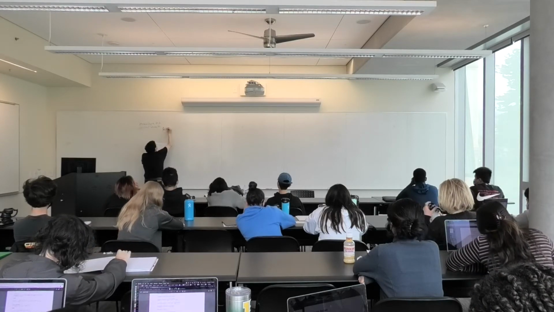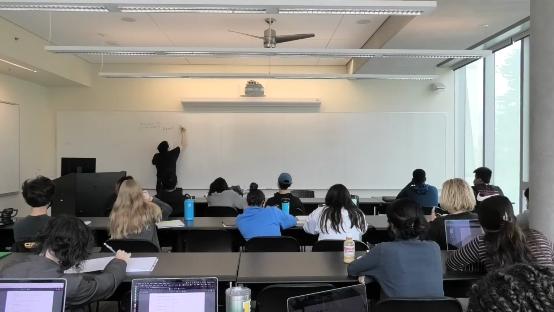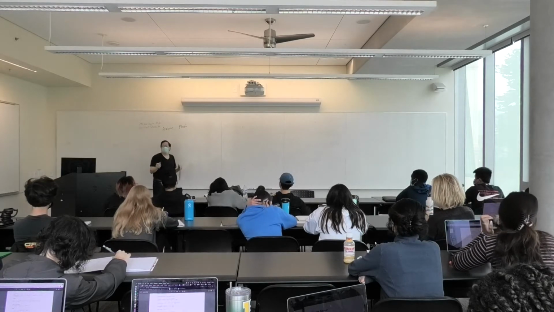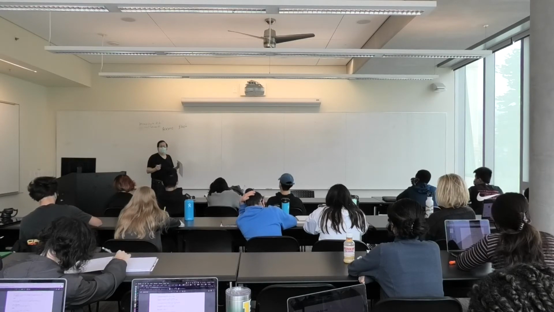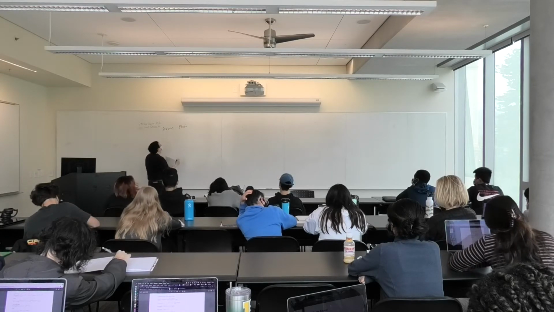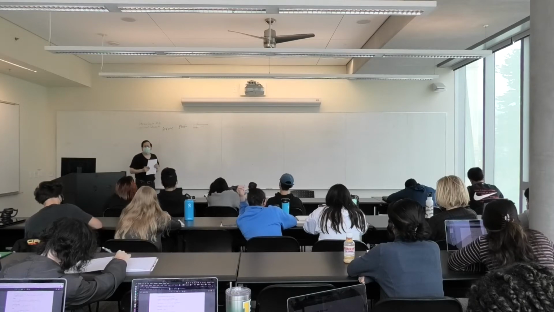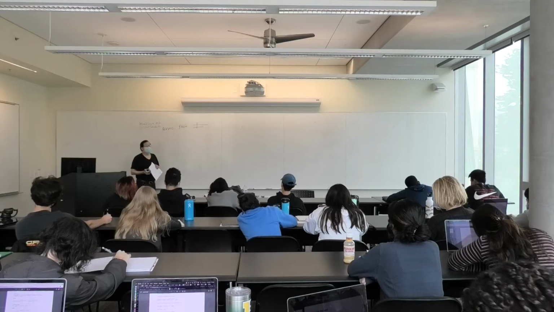For f of x equals some constant, the derivative is an easy one. If I have a graph of a constant line, the slope everywhere on that line is 0.